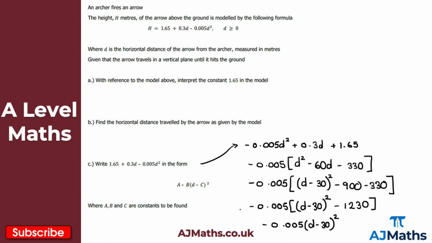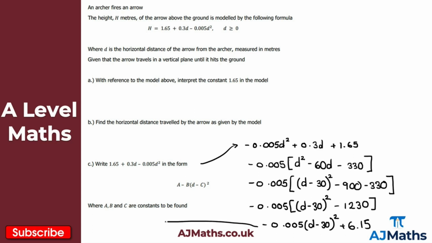And that's positive because we got a negative number times another negative number, we get positive. So plus 6.15. And we're pretty much done now. Let's just make sure we write it in this form. Okay, so notice they've got a minus b times d minus c all squared. What we've got here is minus b times d minus c all squared plus a. So we're pretty much there.